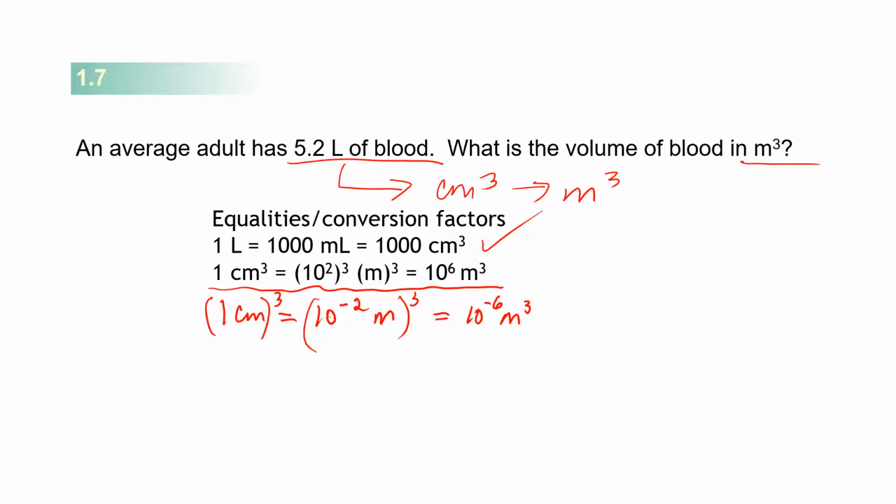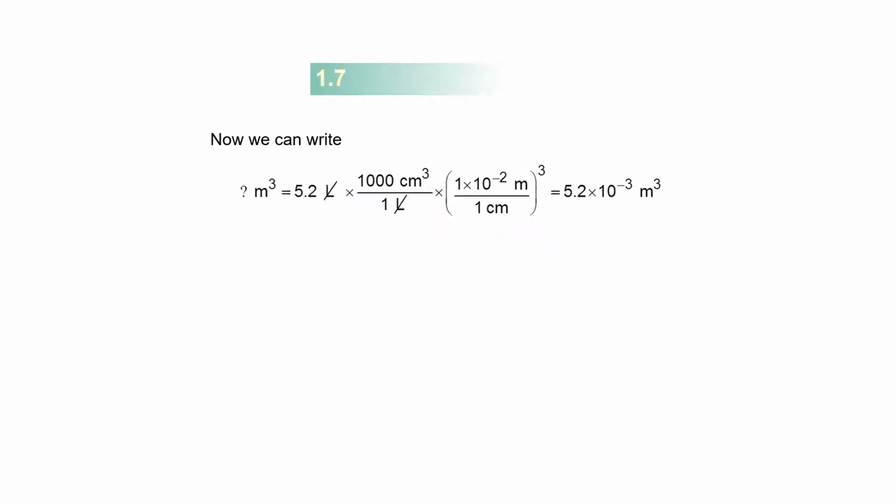So now we're going to use both of these conversion factors in order to solve our problem. Now we're ready to solve. So we're going to start from our given, which is liters. And we're going to use our first conversion factor, which is 1,000 centimeters cubed per liter. Liters are going to cancel, and we're going to be left at this point with centimeters cubed.